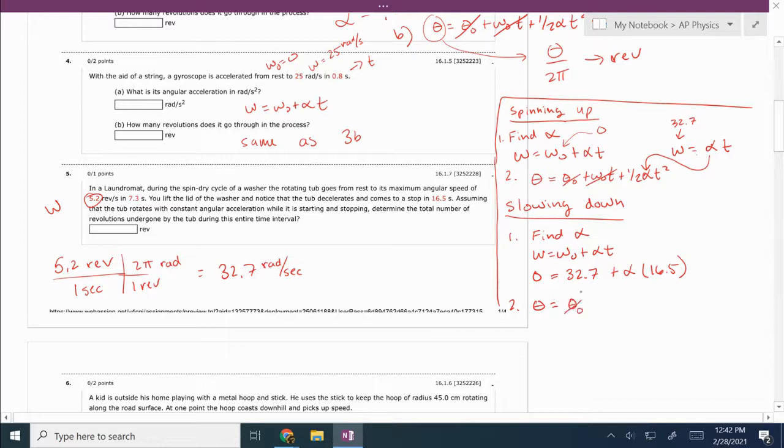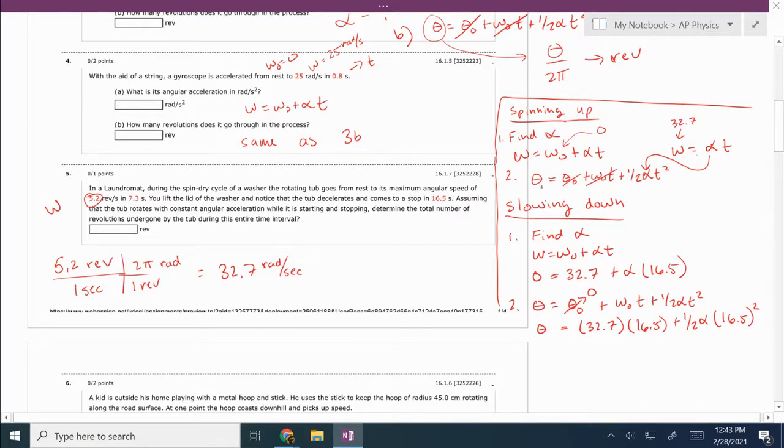So then, figure out theta. We can say that that's 0. But you will have to have your omega, 1/2 alpha t squared. So you would have to have your 32.7, whatever yours is, and then your 16.5, whatever yours is. You got your alpha there. Make sure you're using the time for the slowing down. Then you could find theta and then add the two thetas together.